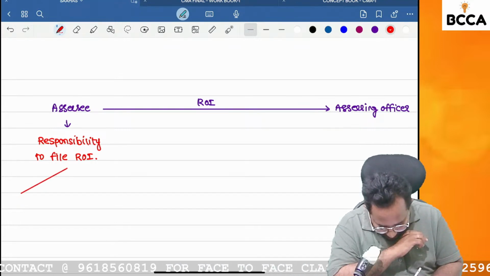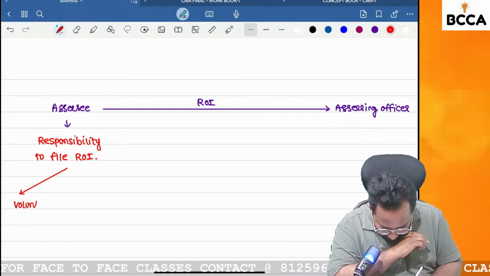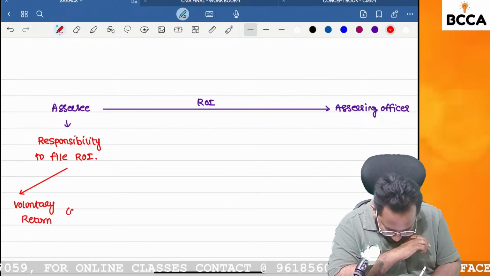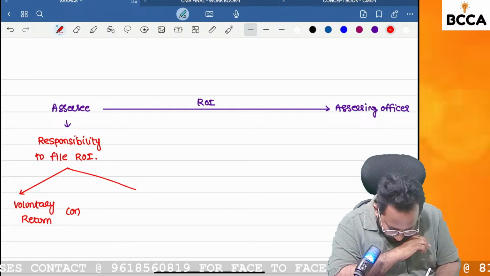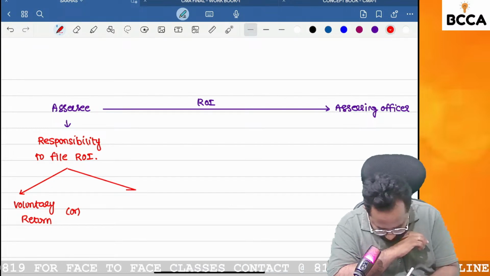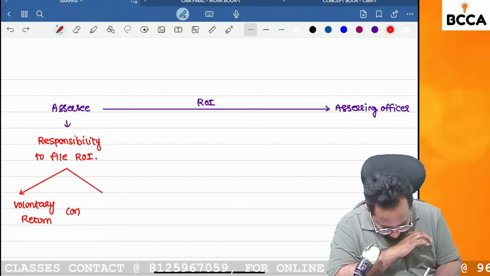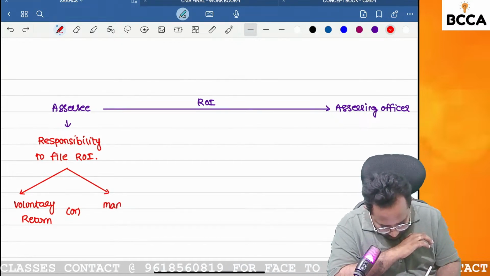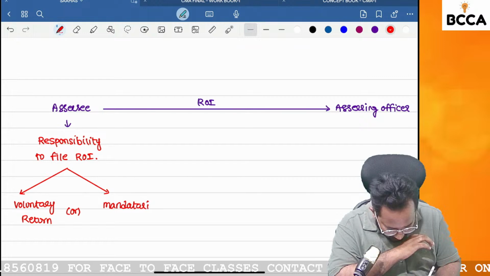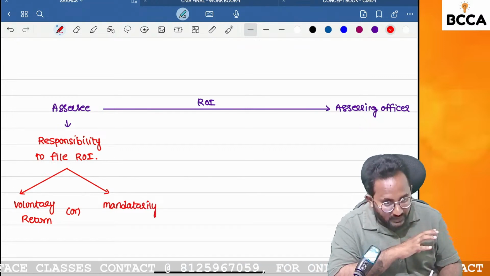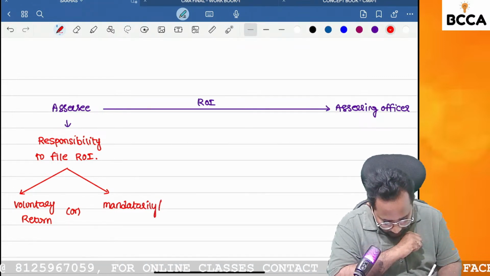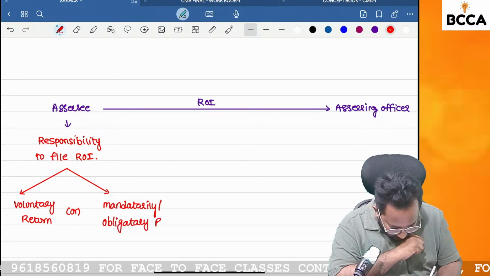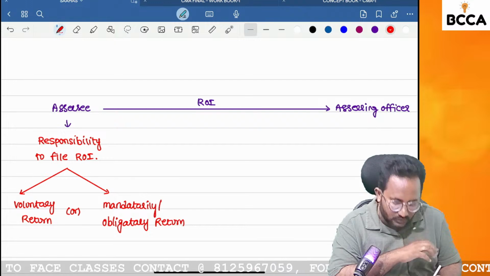That may be a voluntary return. That means there is no need to file the return of income, but you have an intention to file it. Normally I will tell you under which circumstances you have to file the return of income mandatorily, or obligatorily. In that case, definitely you have to file.